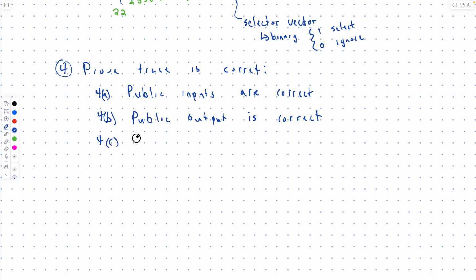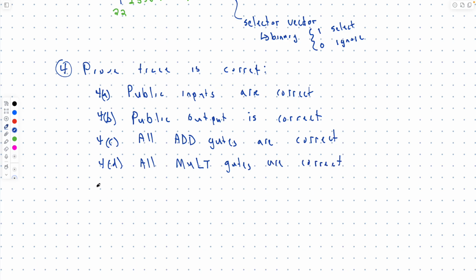I'm going to prove that all add gates are correct. I'm going to prove that all mult gates are correct. And last, I'm going to prove that the wiring is correct.